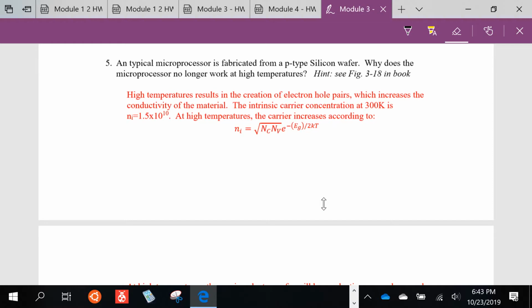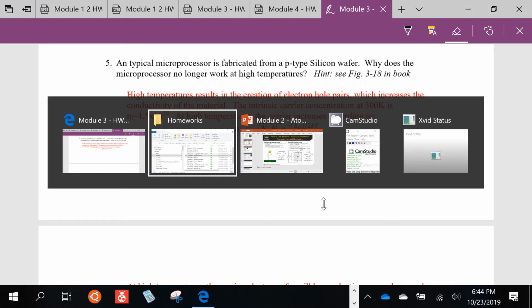So you have a P-type silicon, right? And you have the band gap. At really high temperatures, the electrons in the valence band have enough energy to go up into the conduction band. When that happens, your entire material starts to become conductive. That's that intrinsic region that we talked about in this section of the slides.